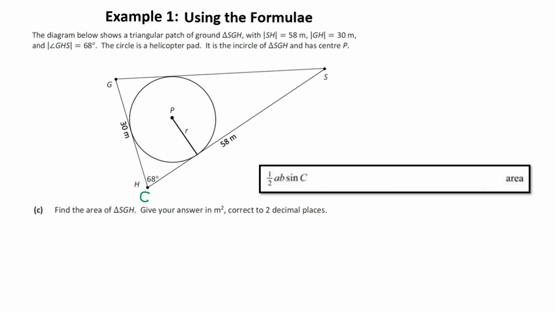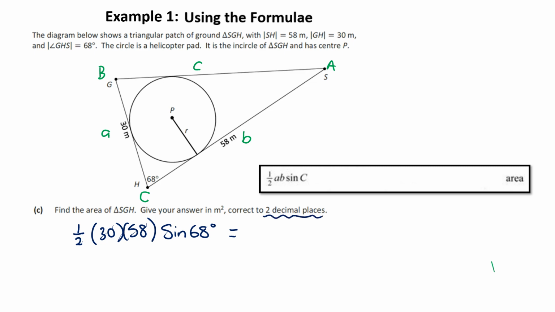I prefer to work, if possible, with the information that they give us, because that way it is definitely accurate. So this is going to be a half AB sine C. Now, if you worked the other way, you should get the same answer.